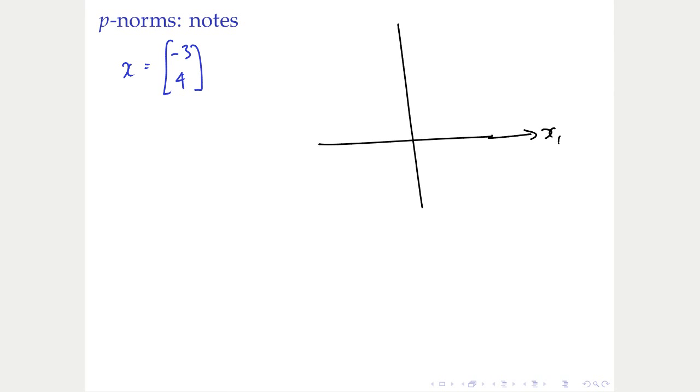So x1, x2, or x and y, doesn't really matter. Our vector is going to be over here somewhere. There it goes. A highly straight line. Okay, and I'll draw on these little components here as well. So there's a length of 3, it has a length of 4.